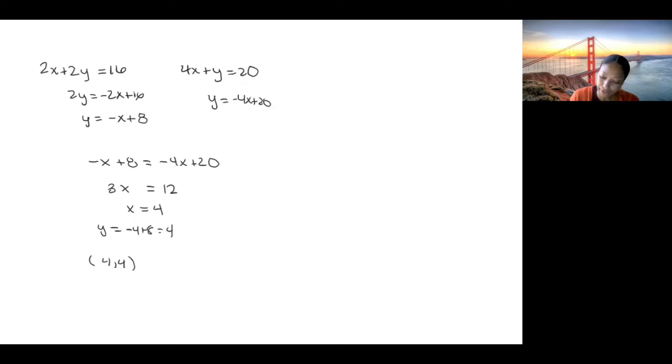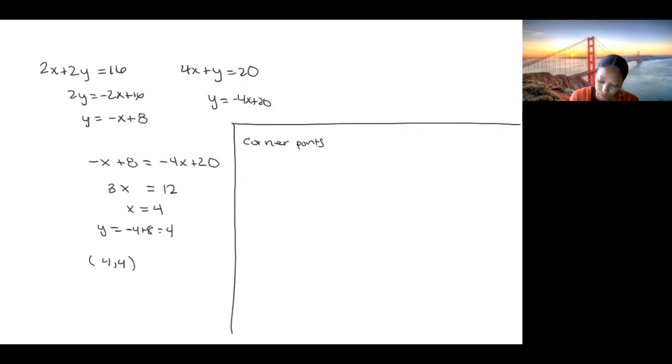All right, last part. Our corner points. We had on the graph 0, 20, 8, 0, and then this intersection point 4, 4. And then our objective function that we're trying to minimize was the cost.